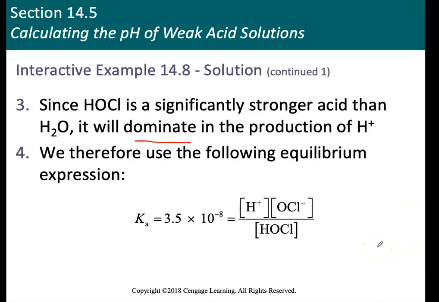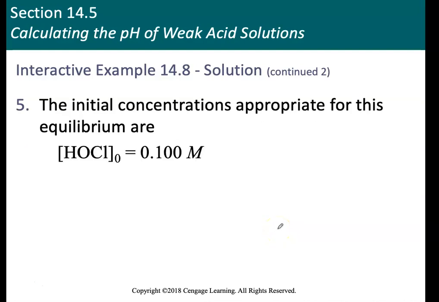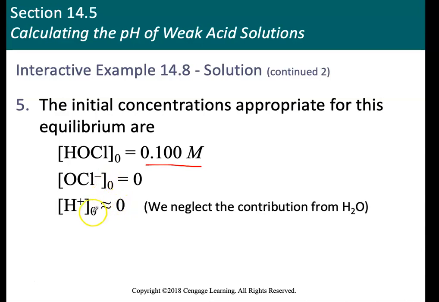Okay, let's go back. So Ka, 3.5 times 10 to the minus 8, that's the K expression, the ionic products over the acid. And now let's do the initial concentration values. It is 0.1 molar of the hypochlorous acid, 0 of the OCl minus, 0 of the H plus. We're assuming that we are neglecting that contribution from water, remember.